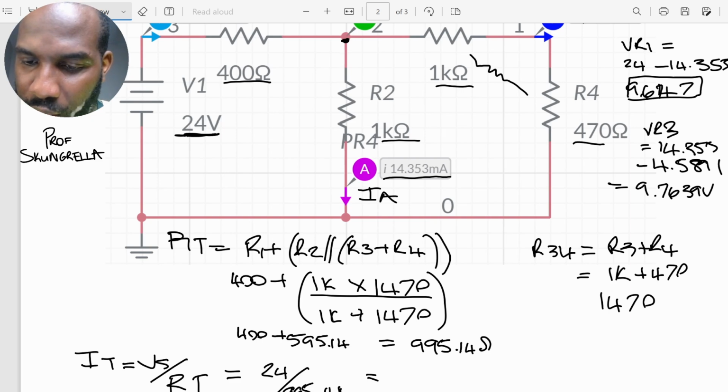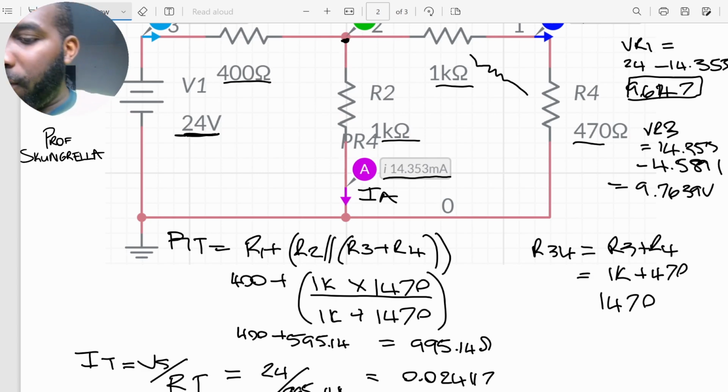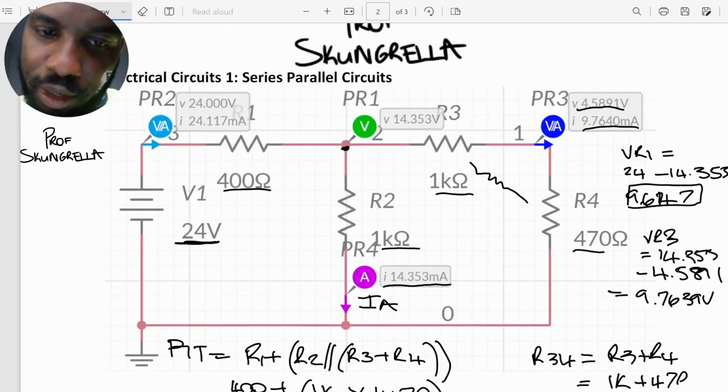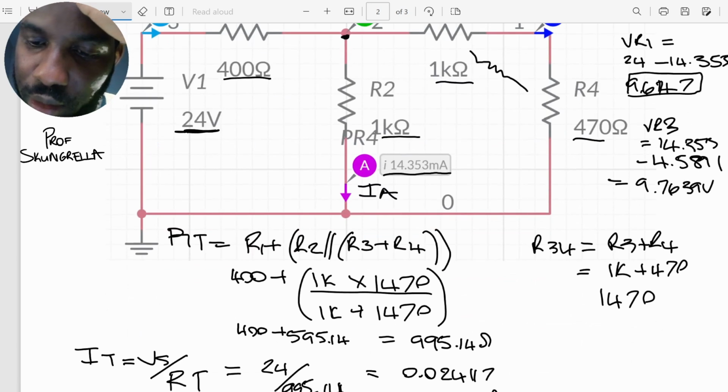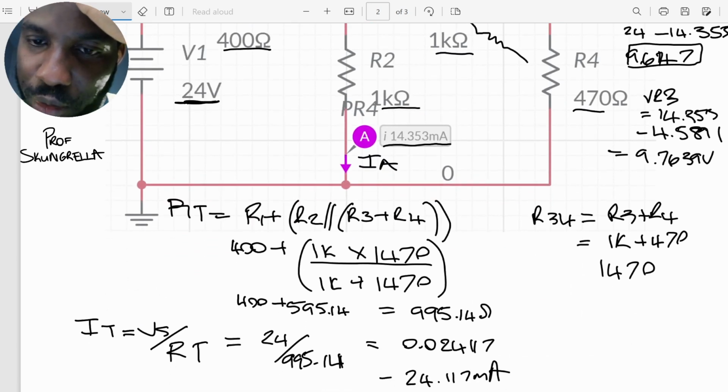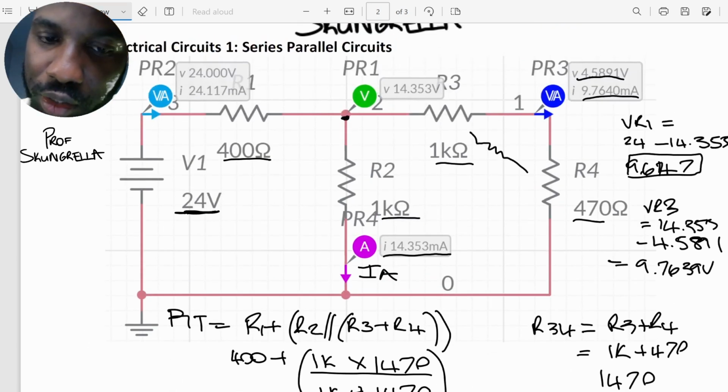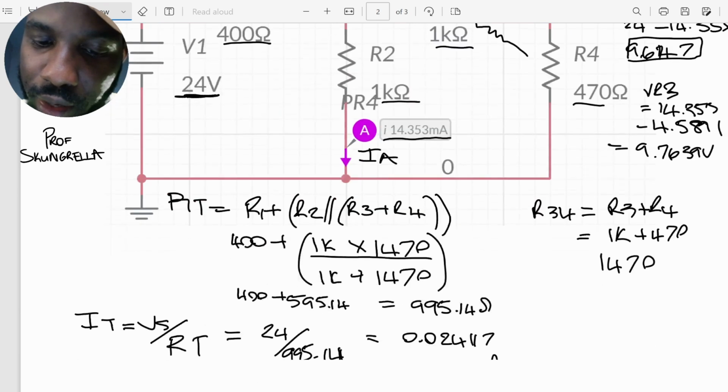All right, so this gives me a current of 0.024117, which is the same as 24.117 milliamps. And again, it's very similar to what we're getting in our simulation. So now that we have our total current, we can find the voltage drop across R1 using Ohm's law.